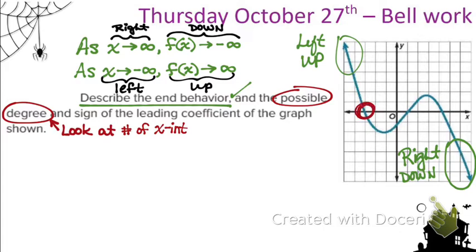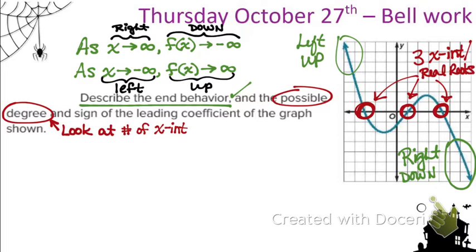One here, and one right here. It has 3 x-intercepts, which is the same thing as real roots or real zeros.